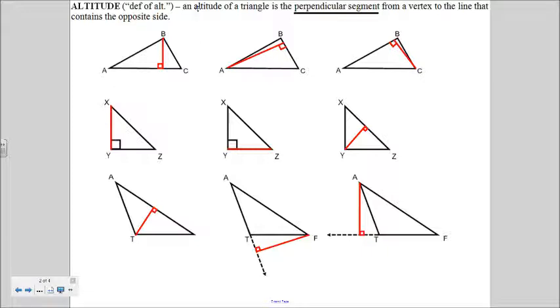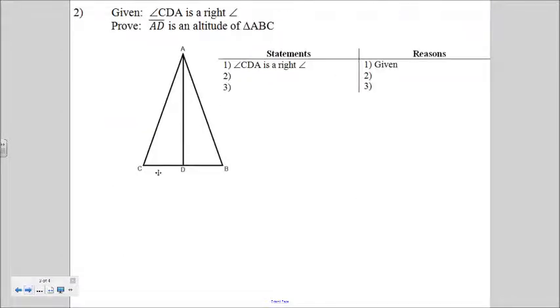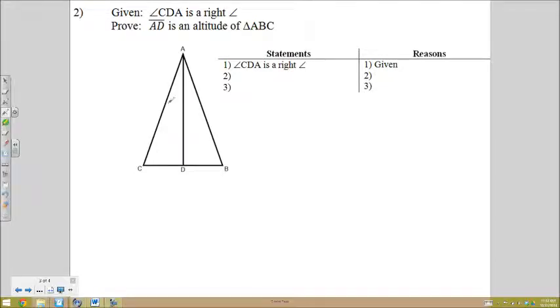So knowing that an altitude forms a perpendicular segment to the line containing the opposite side, let's see how we can use that definition in a proof. In example 2, we are given that angle CDA is a right angle. So I'm going to look at my diagram and identify angle CDA.